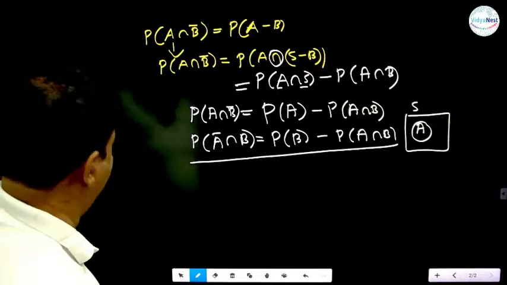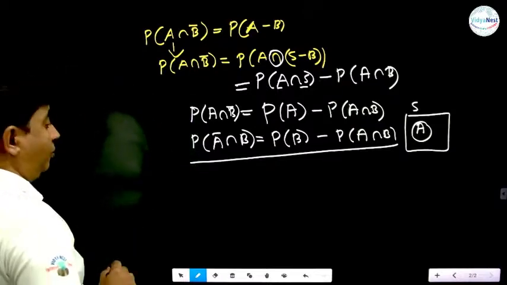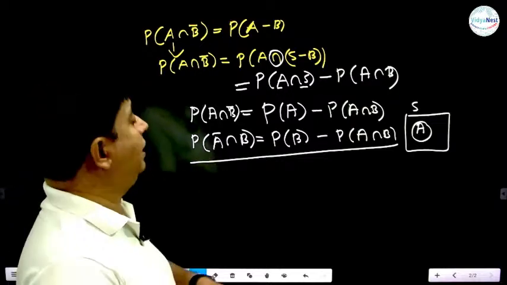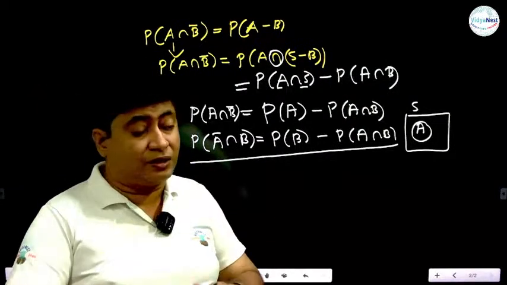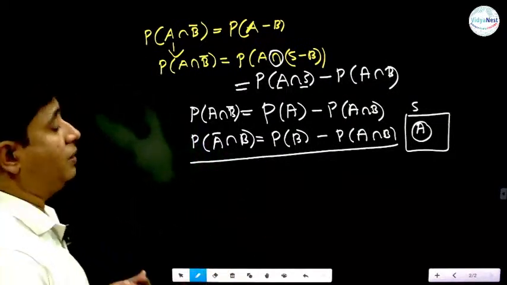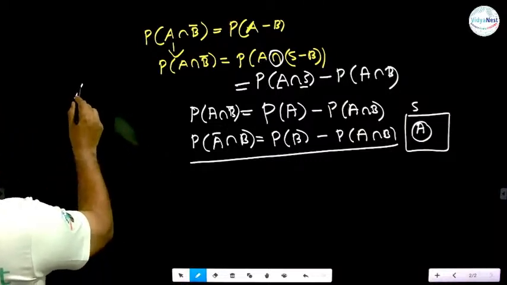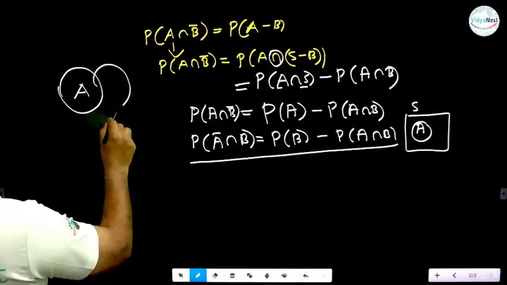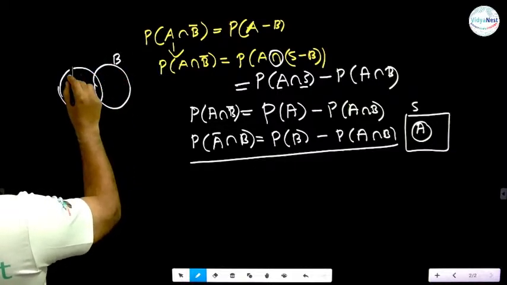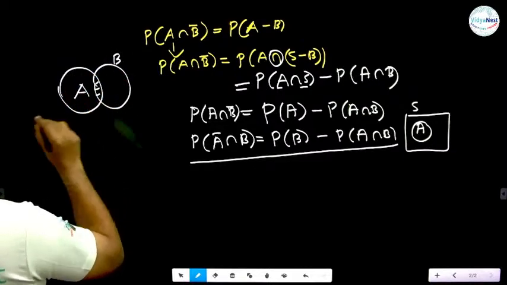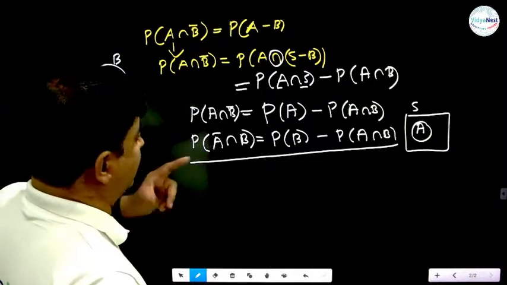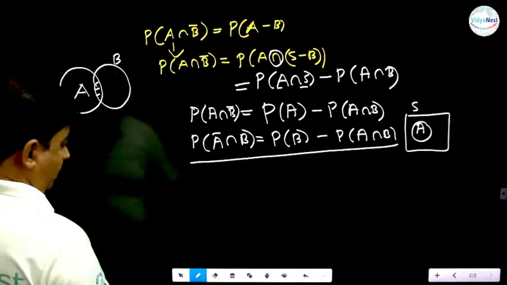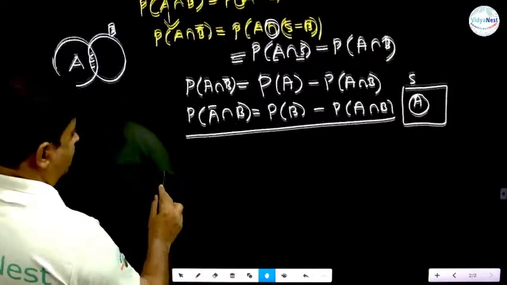Got it? Okay, sir. So now we'll see a new property where three sets will be involved. Till now we had the involvement of two sets, A and B. Now we will involve three sets at a stage and we will see the common part.